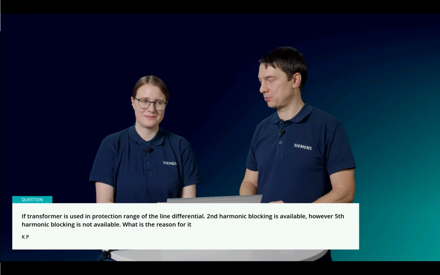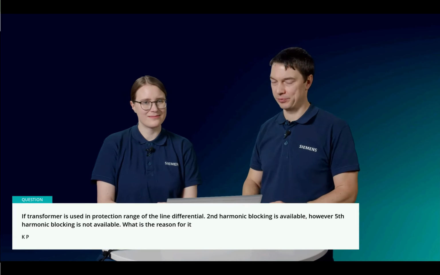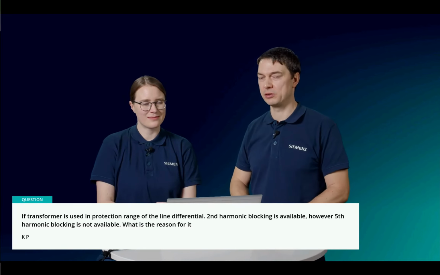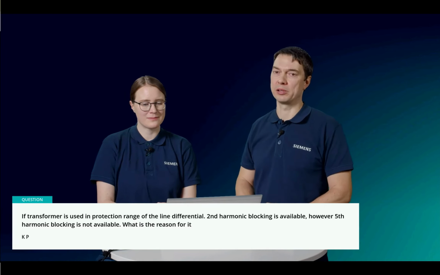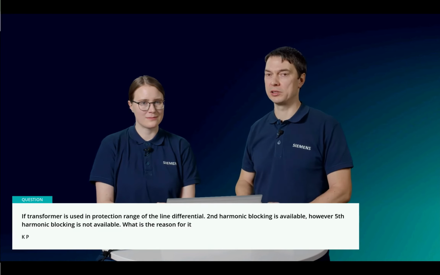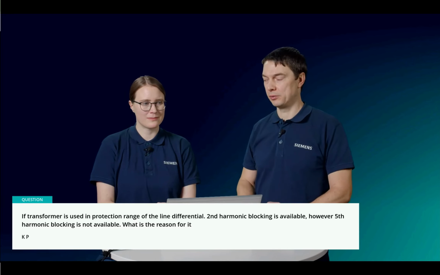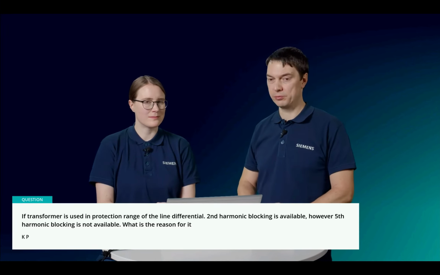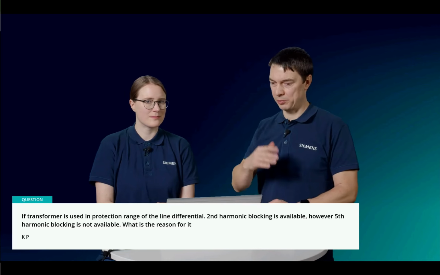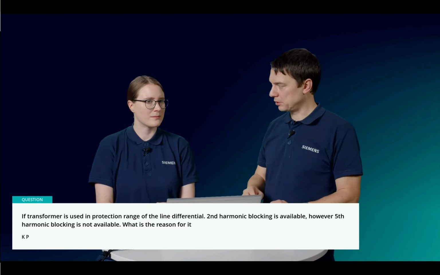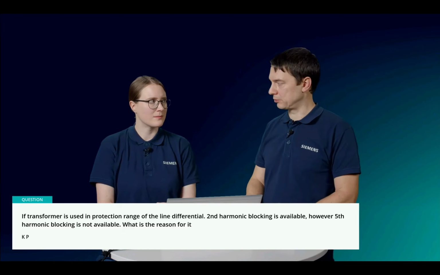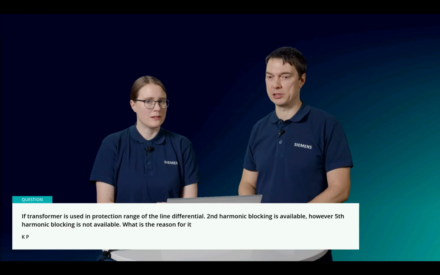There's a bit of what I explained with the signal distortion. So even if it's not available to have the fifth harmonic blocking as a parameter, it will be considered in the restraining in the differential calculation because there will be a variation from the sinusoidal signal, and this will result in additional stabilization.